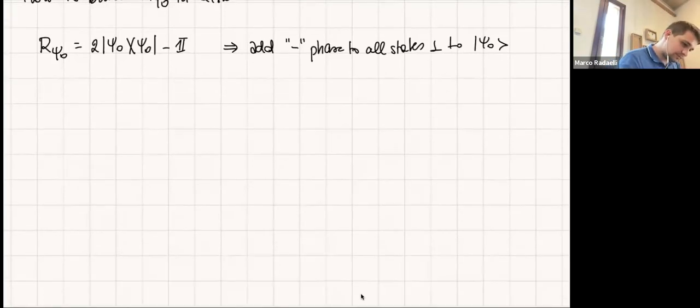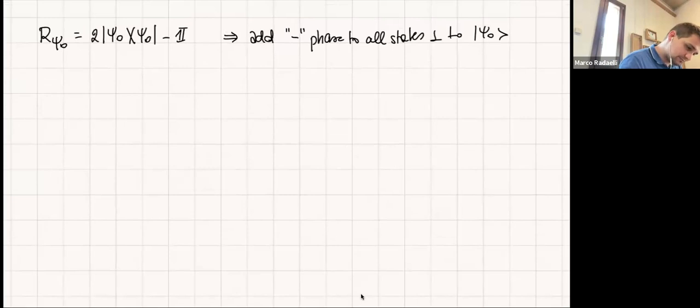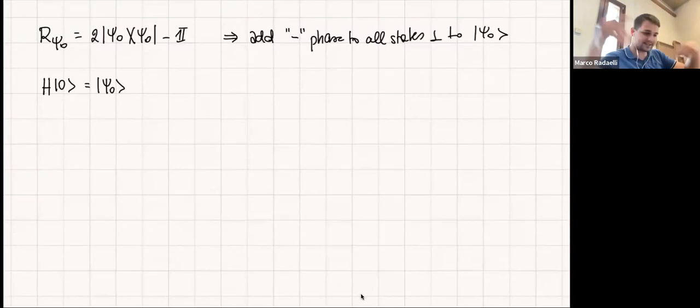Now, the first thing we notice is how do we get the psi-not? It's just this. I'm ignoring the fact that it's a multi-qubit thing, but it's not worse in any way.